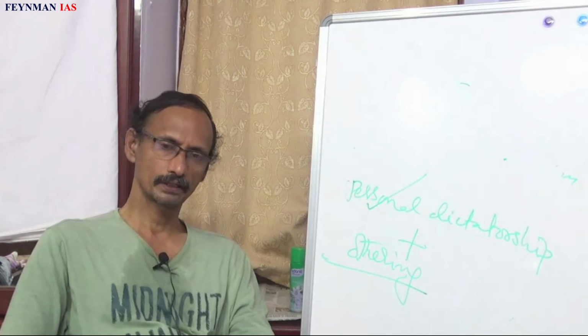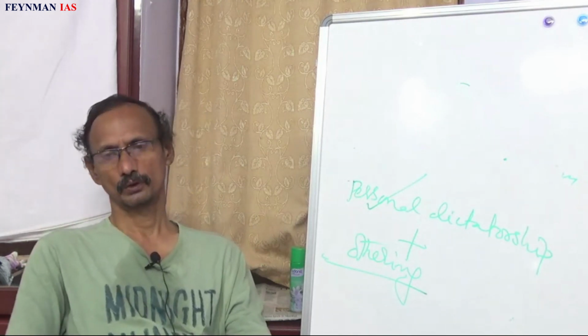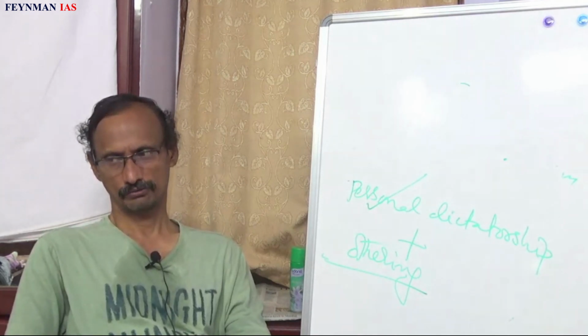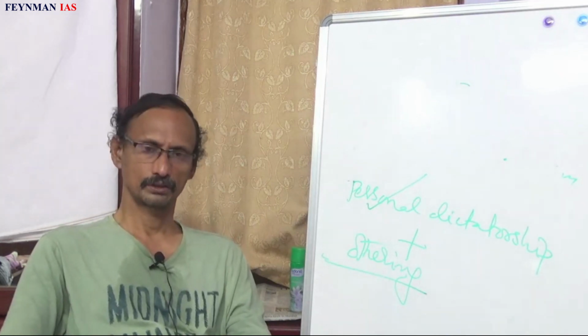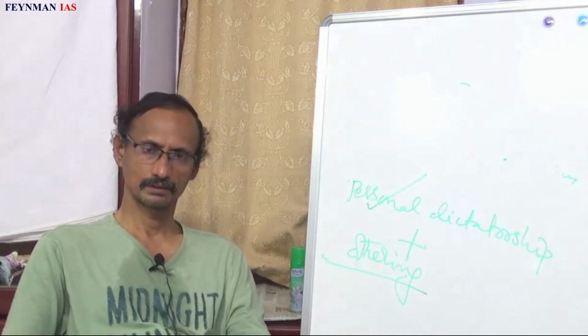So totalitarianism has nothing but personal dictatorship over indoctrination of hatred against a group. That group can be a class or a race.